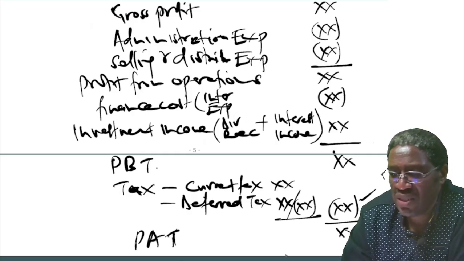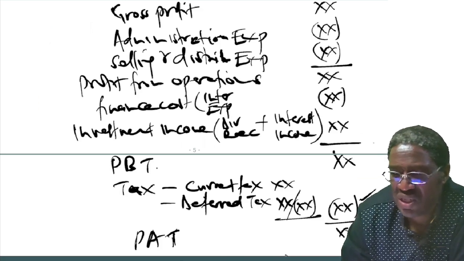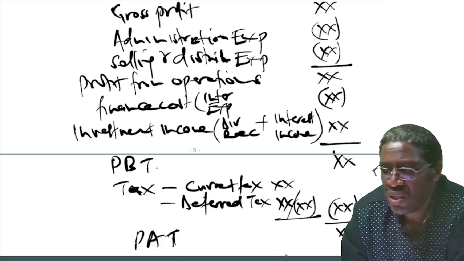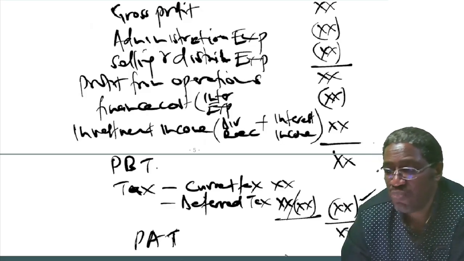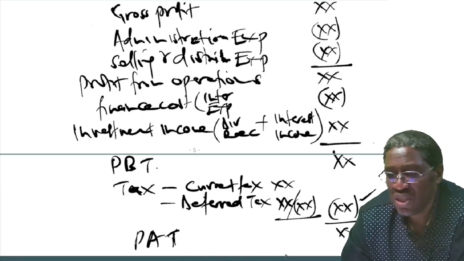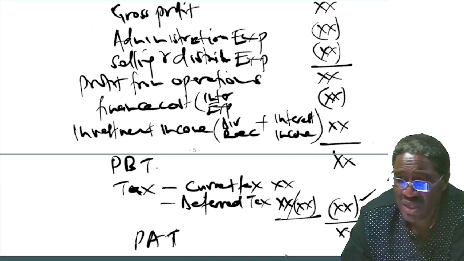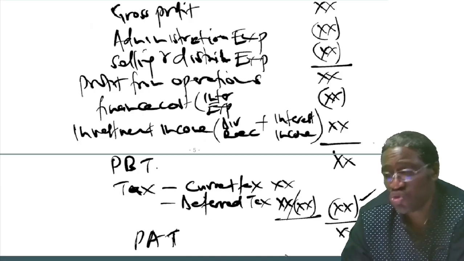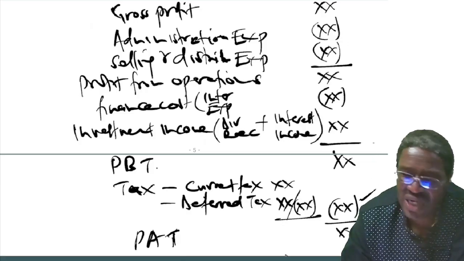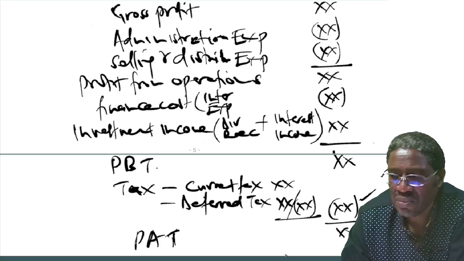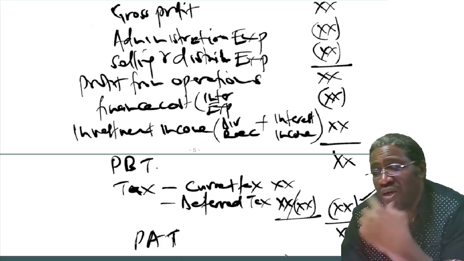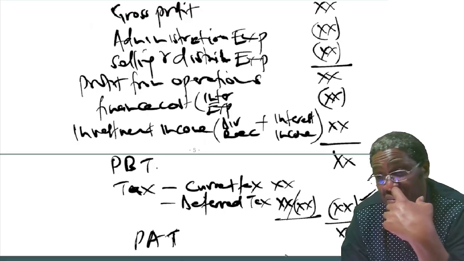Then you come and minus the tax. We have said there are two categories. One is current tax, which I've put on the inner column. Then for deferred tax, I am using this stroke, meaning you can either add or minus, from the current tax.